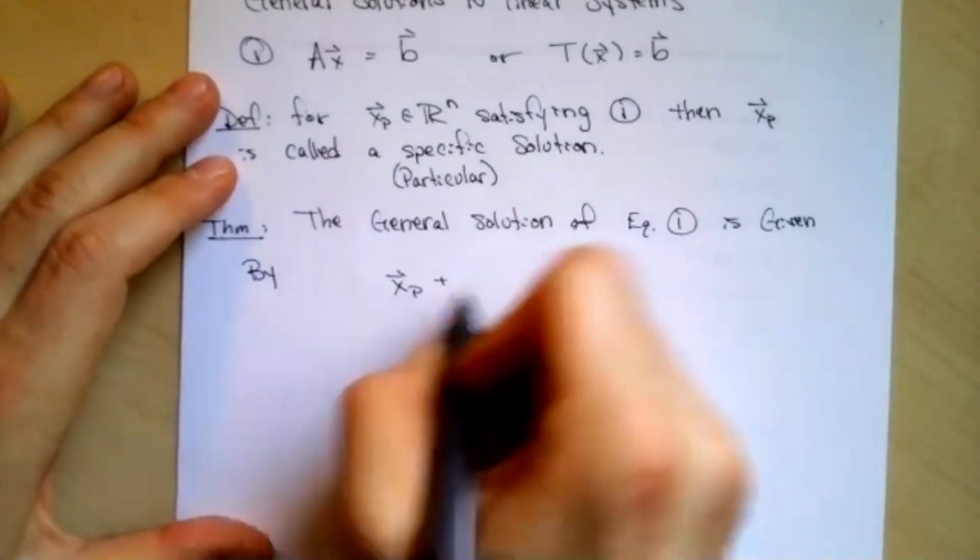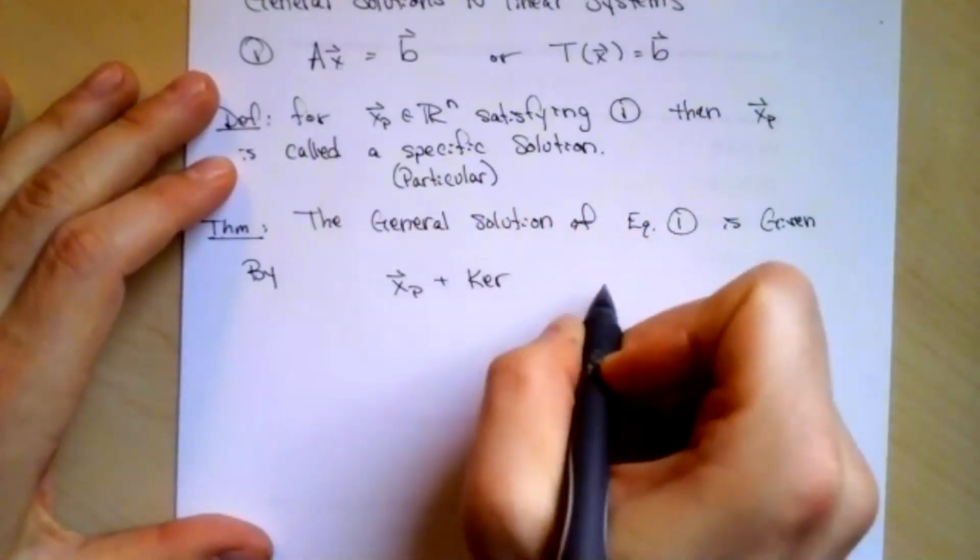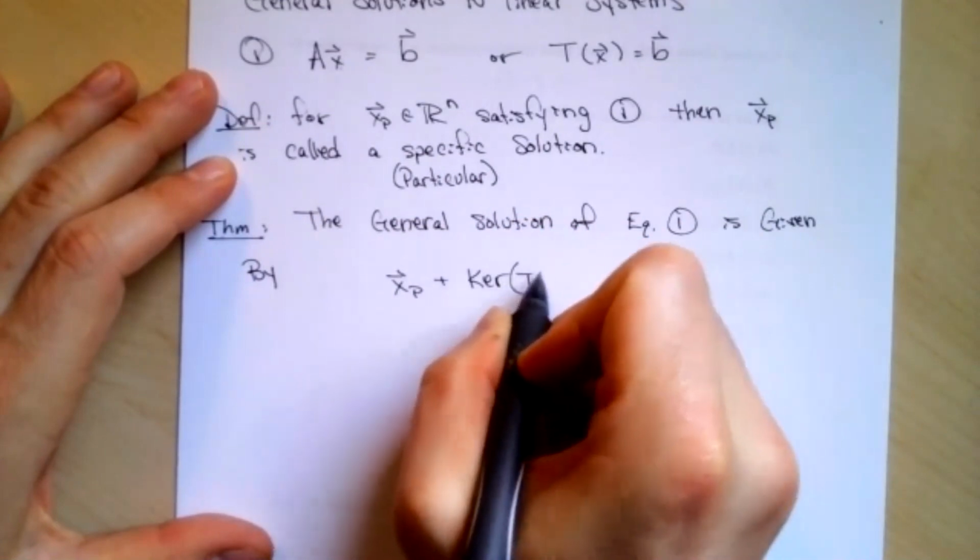So I'm just going to write it as x_p plus the kernel of T.